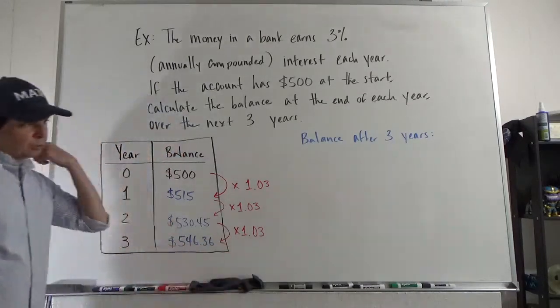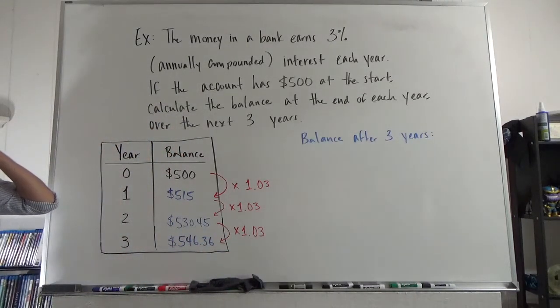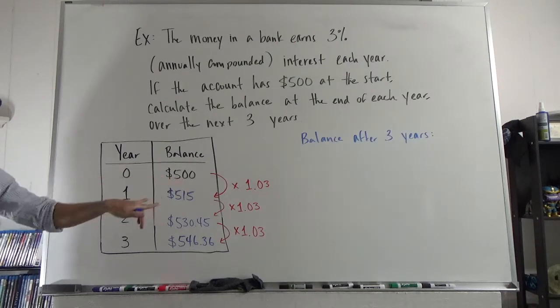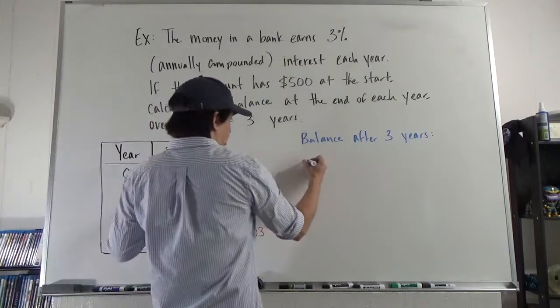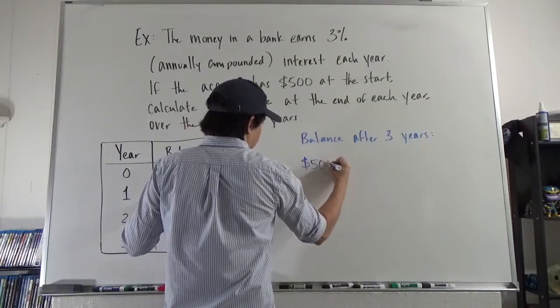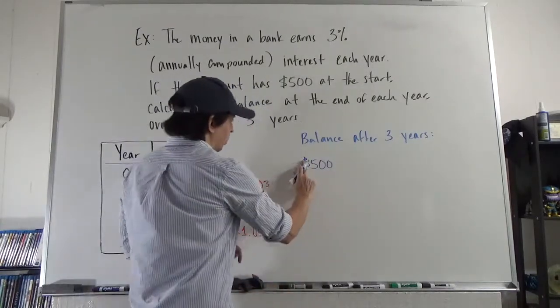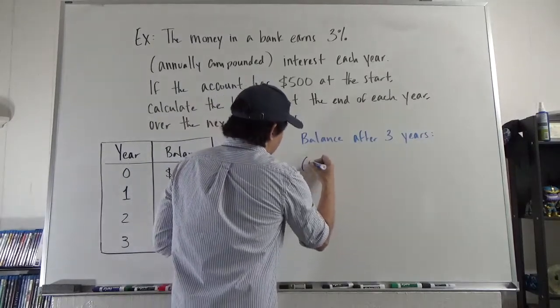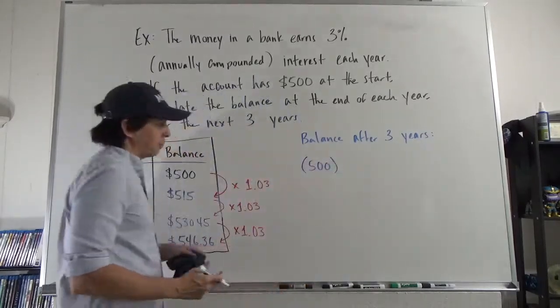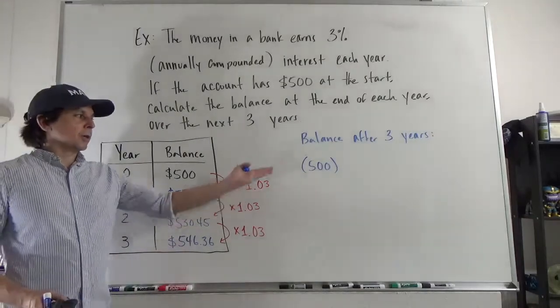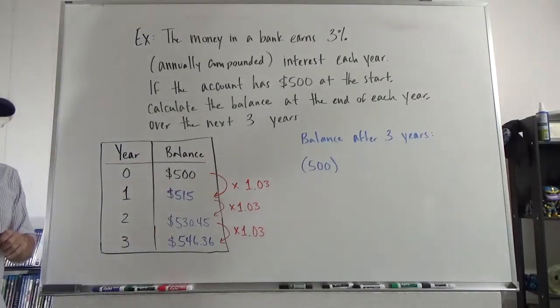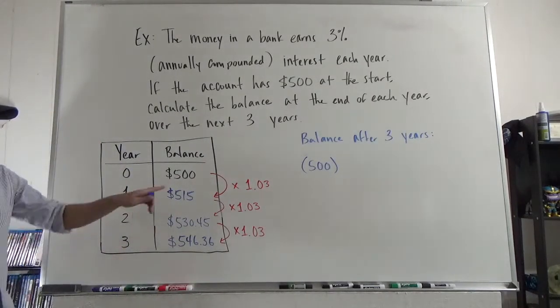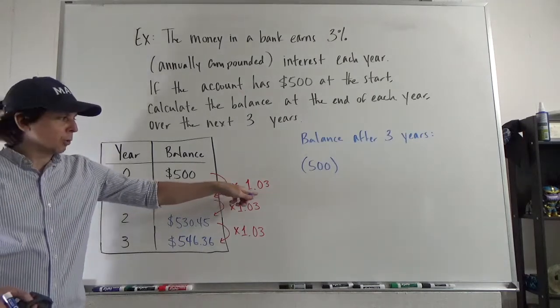But let's say I was building it up, or I wanted to be able to figure out how to compute it fairly immediately. Think about how we got there. I took 500. This is going to be the computation, sorry. I'm going to reverse the order of things I multiply by. Usually I do the factor, then the amount, but it's interchangeable, so I'm going to put 500 there. I'm going to note that the first thing I did was multiply by 1.03.